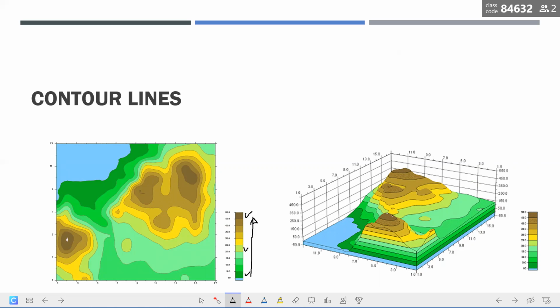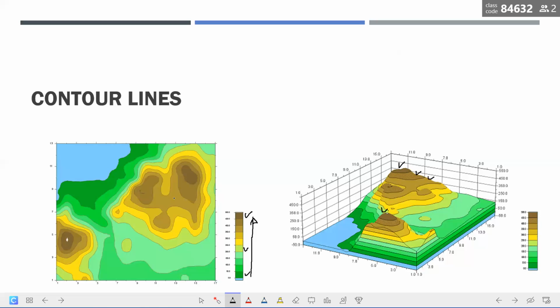So here, once again, you can see the dark brown color representing the highest points on the site, and the brighter browns then represent the second, third highest points on the site, and so on.